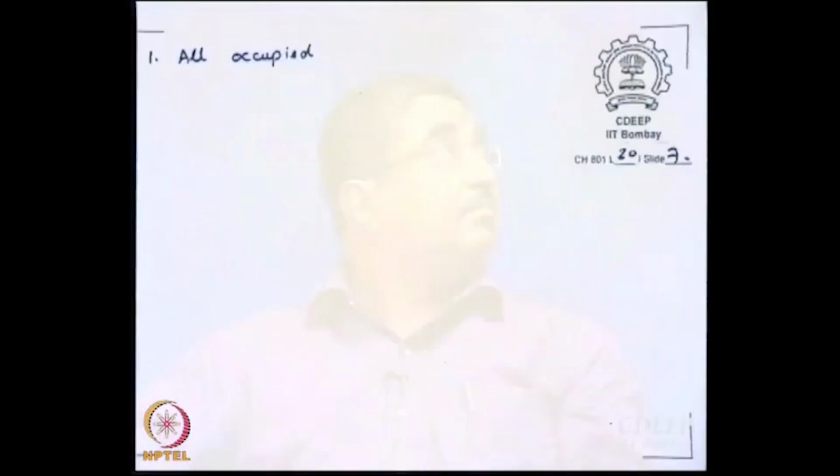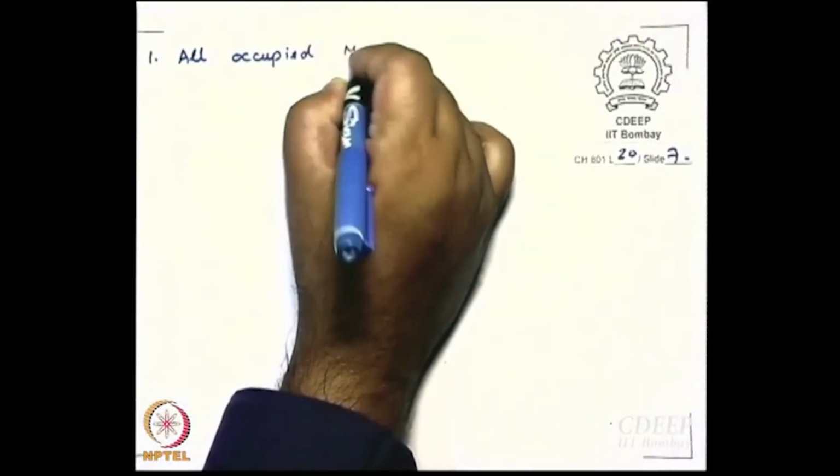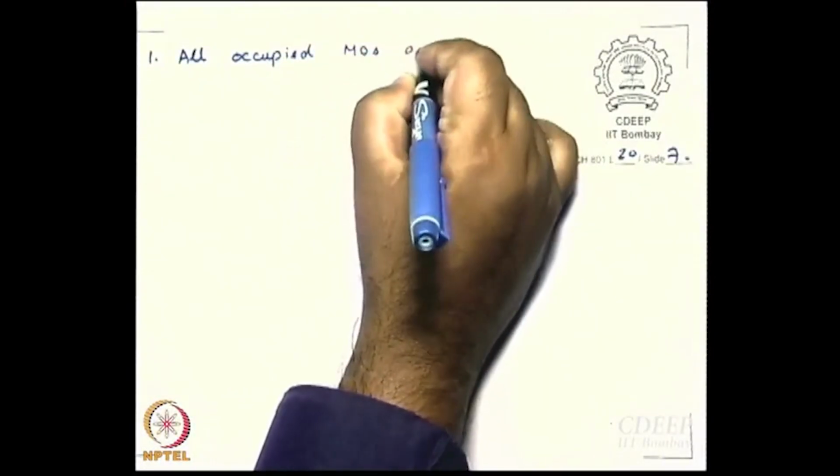Okay. So now what we need to know is, we need to know 5 rules. There are actually 6 rules, I will stick to 5, we do not really need the 6th one. First is, when all occupied MOs are fully occupied.